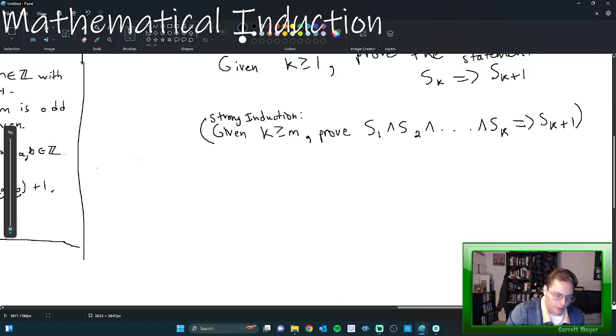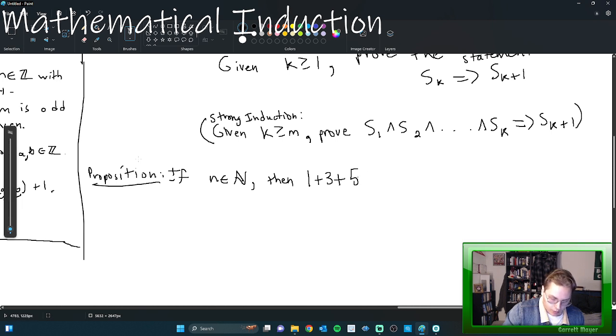So the basic statement is: proposition, if n is a natural number, then 1 plus 3 plus 5 plus 7 plus all the way up to 2n minus 1 equals n squared. So for our proof, let's do it like this.